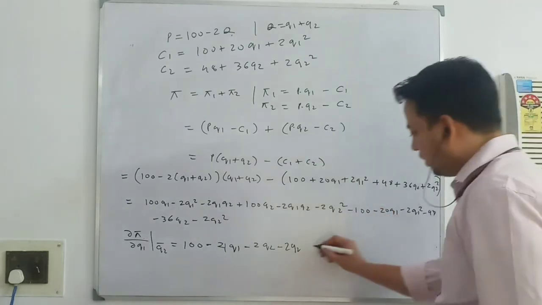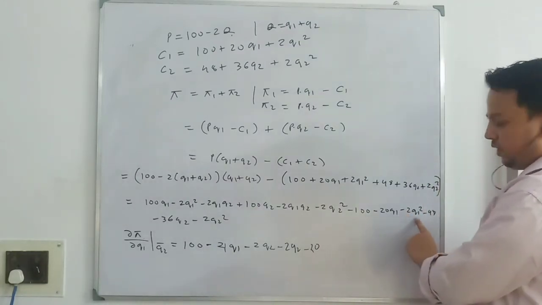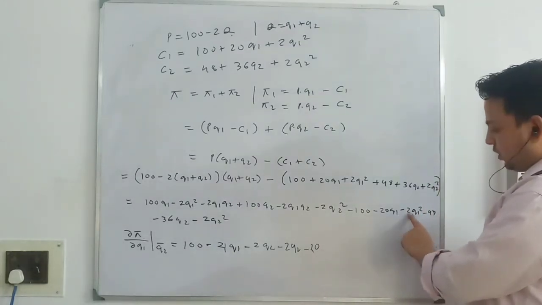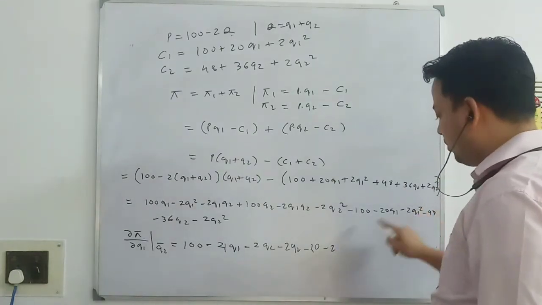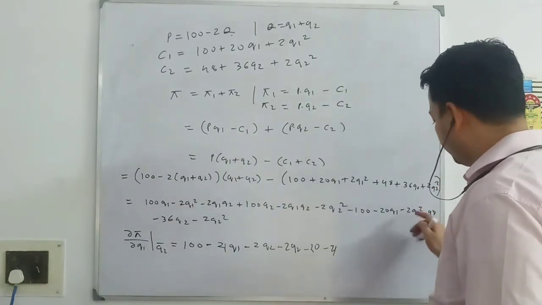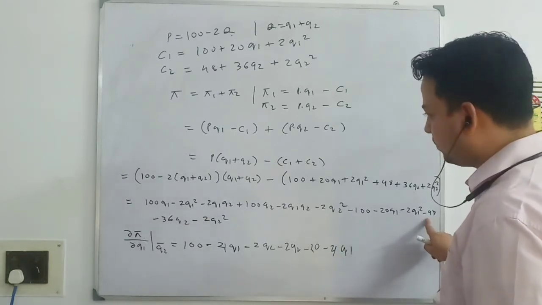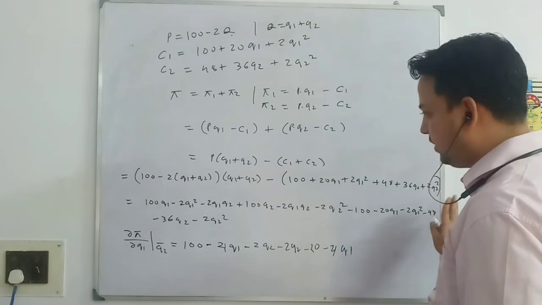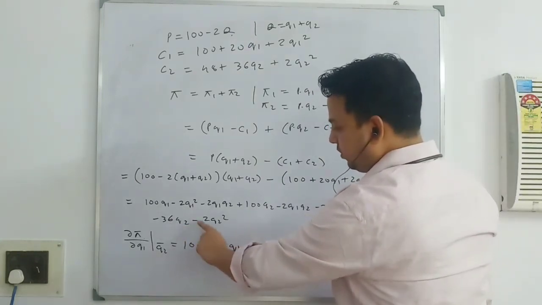20 q1, you will be getting minus 20. This is minus 2 q1 square. 2 is constant, so write 2 as it is. The square will come in the front, then it will be 4 q1. And minus 48 will be 0. 36 is constant, q2 is constant, it will be 0.